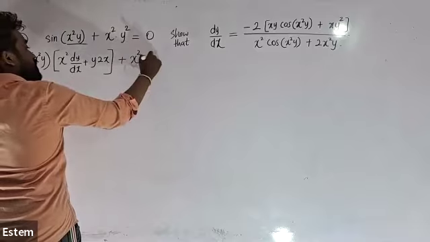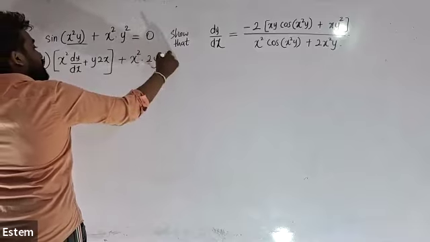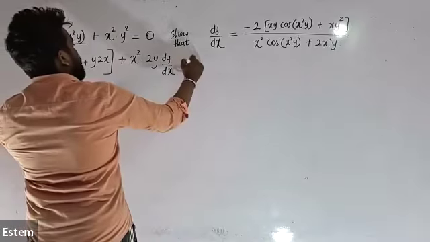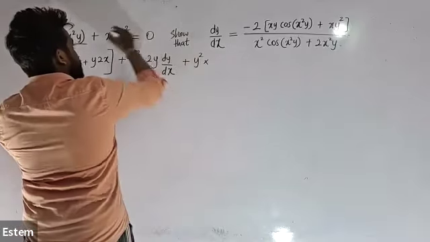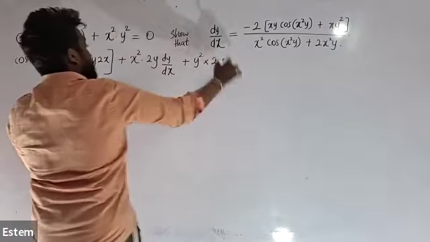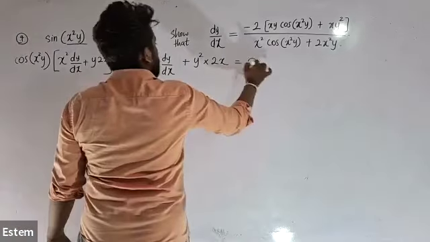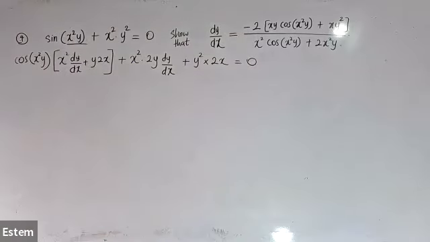The differentiation of this is 2y dy over dx, plus pick y squared. The differentiation of x squared is 2x. Anyway, this is equal to 0 now. Now we should find dy over dx here. So we should expand this.